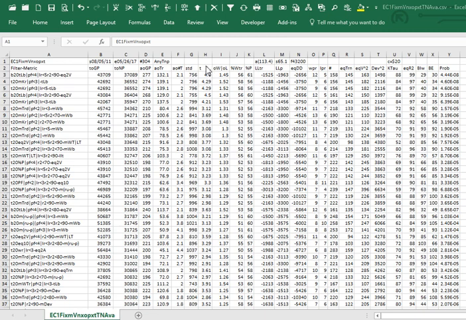T is a student distribution that looks at the weekly out of sample gross profits and the standard deviation, and it's a measure of whether that series of out of sample gross profits is random or not, and the higher the student T, the less the probability that it's random.